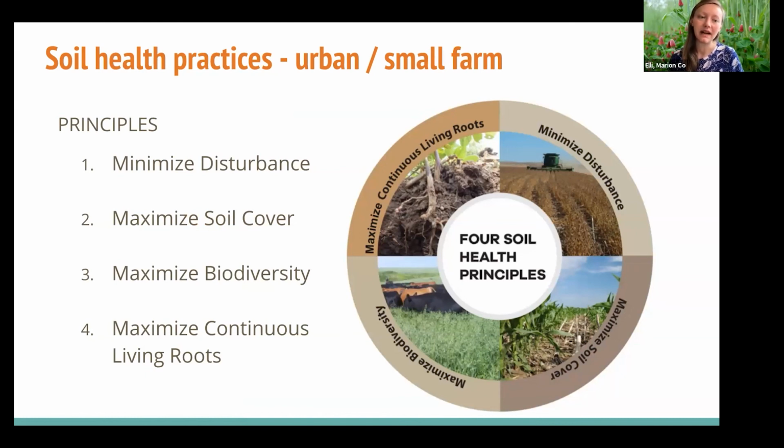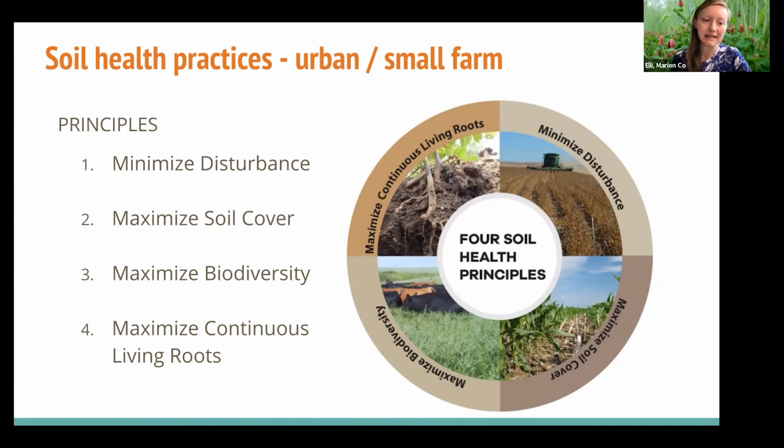If we're doing, let's say, cover cropping, that can help maximize soil cover because we're planting a plant when the soil may otherwise be bare. And we can also terminate that cover crop in a way that we use that mulch throughout the season to help continue that cover throughout the growing season.